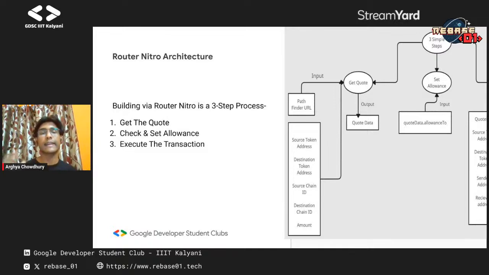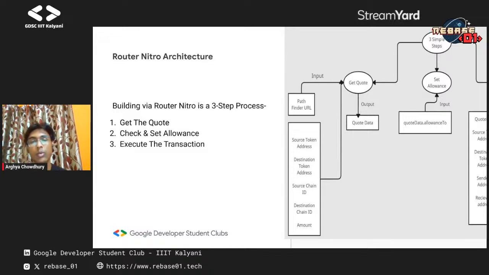The first being get the code. Now, what do we mean by get the code? You have to request a code basically, and there are two ways you can do it. First, you can define a pathfinder URL on the Router testnet, and also you can write a get code function on a smart contract, and that contract will have these parameters.